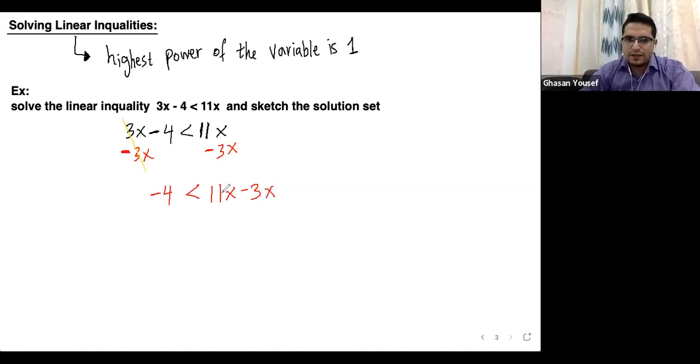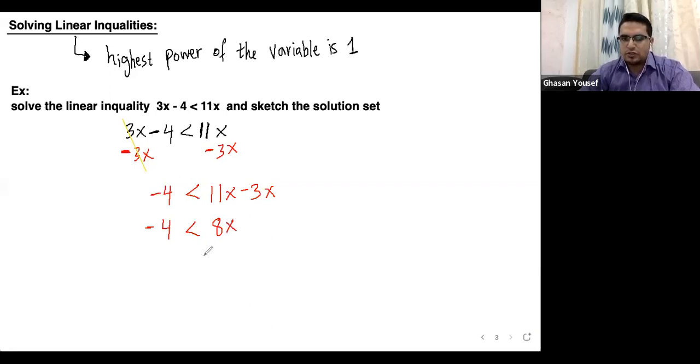Now simplify this side, 11x minus 3x. 8x, yes, this is correct. We subtract only the coefficients of the variables. 11 minus 3 is 8, and we put the x.